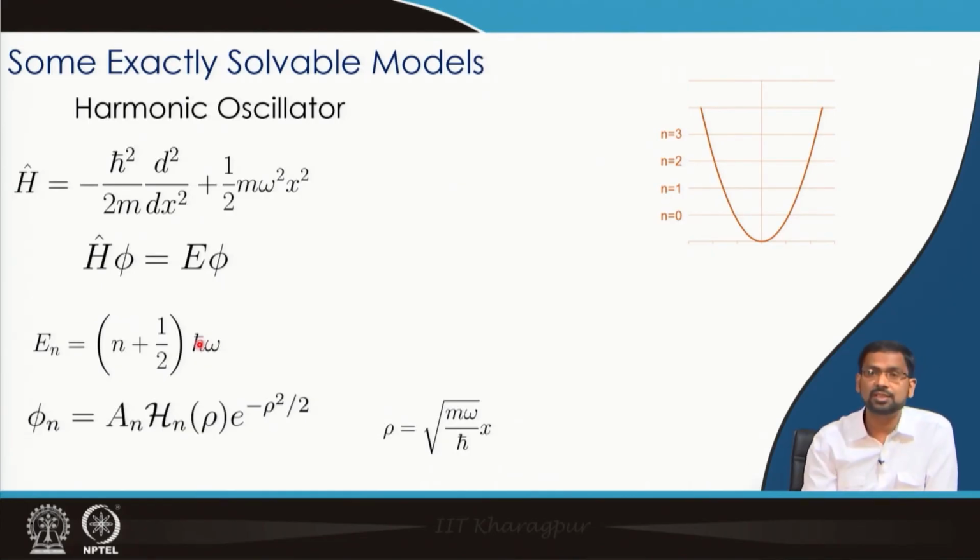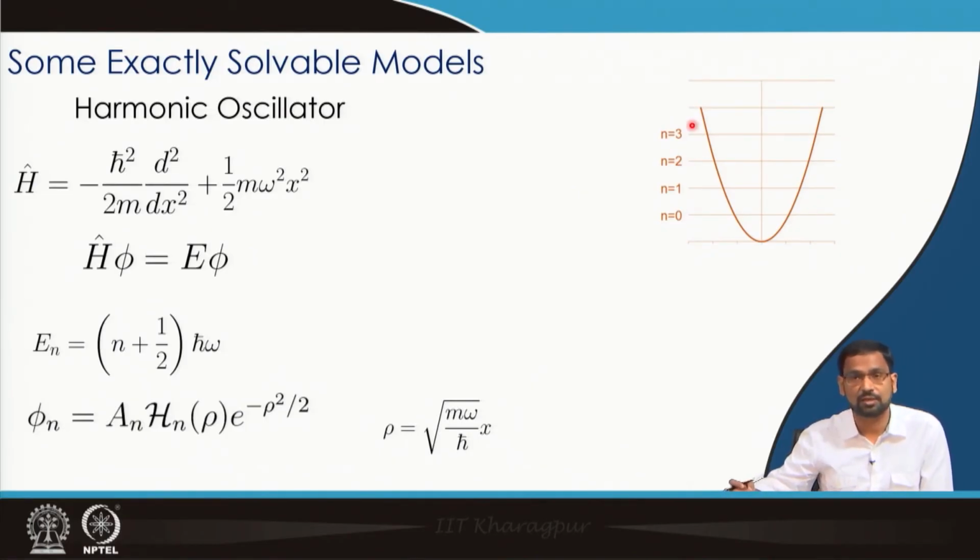So, the energy spectrum looks like this, but one thing you remember, the harmonic oscillator is always bound. That means no matter how much you stretch this from the equilibrium position, either right hand side or left hand side, the harmonic potential remains harmonic, because its form is simply half k x square.